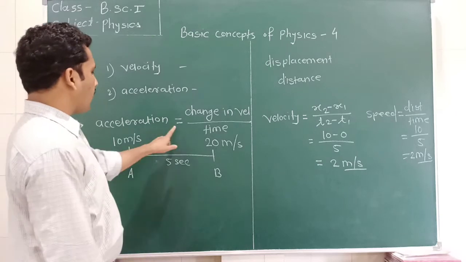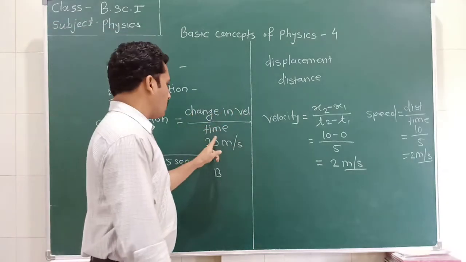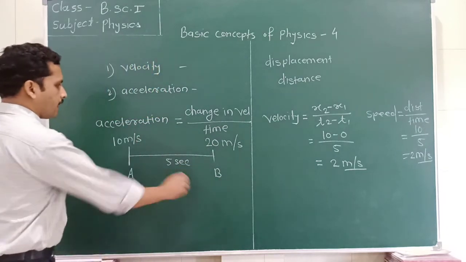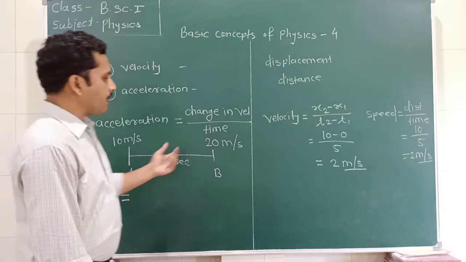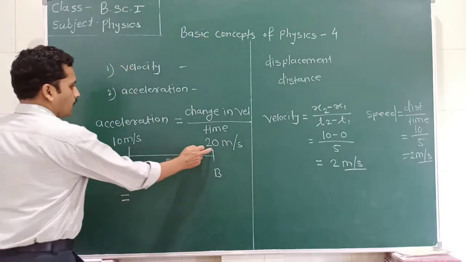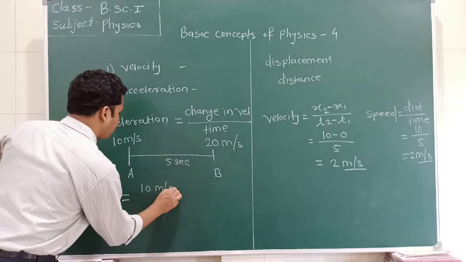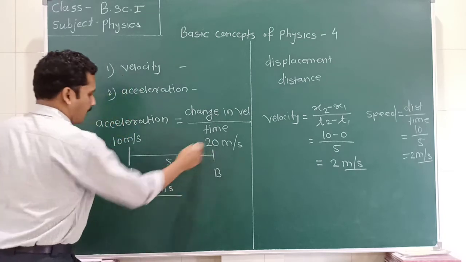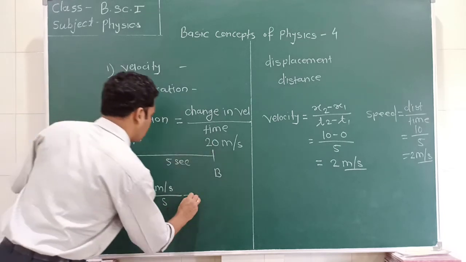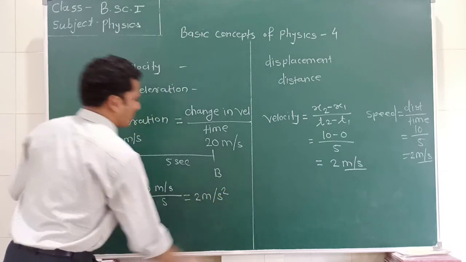It can be calculated using the formula change in velocity divided by time. The change in velocity is 20 minus 10, which is equal to 10 meter per second, and the time is equal to 5 seconds. So it is equal to 2 meter per second square.